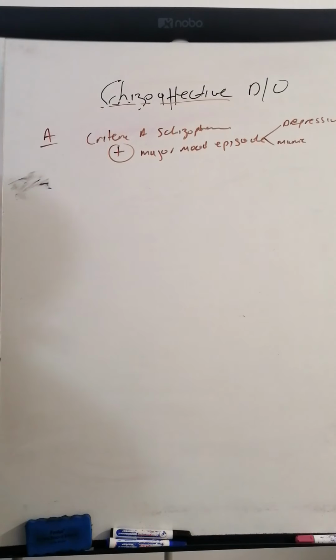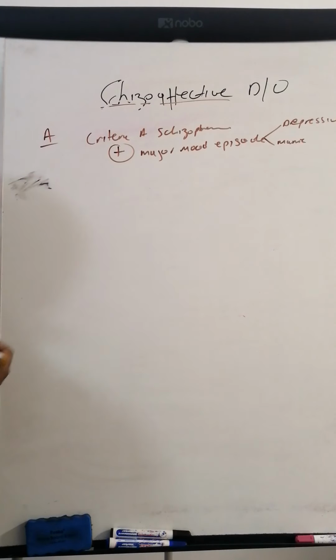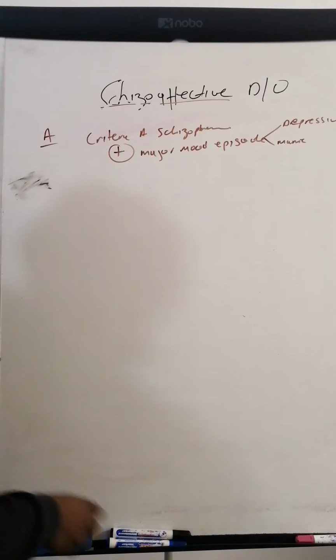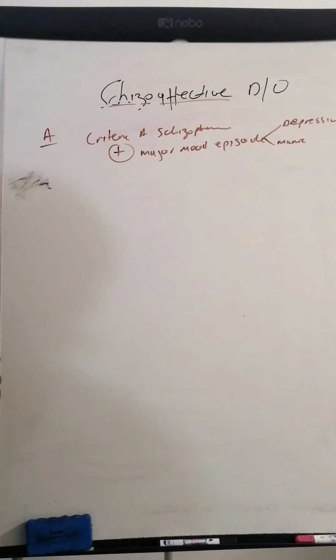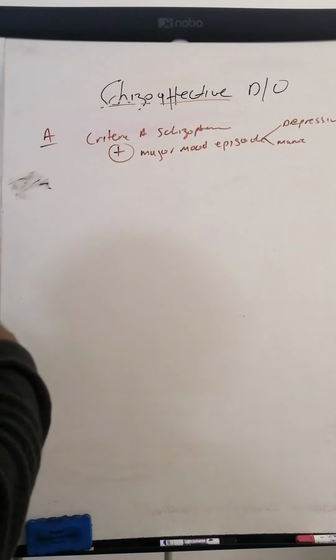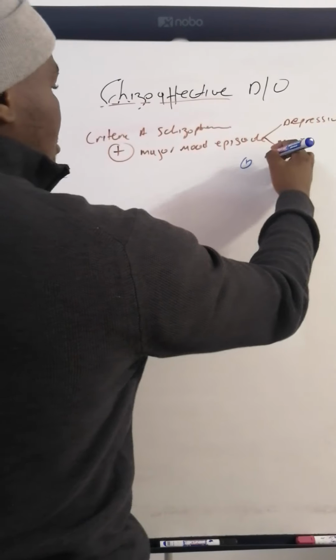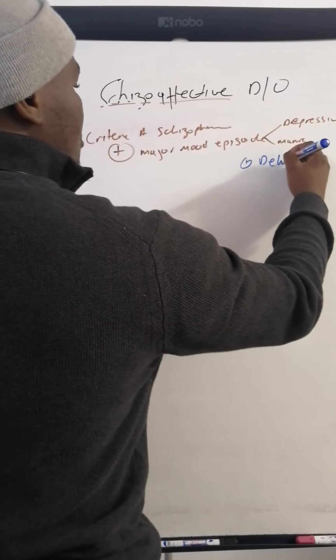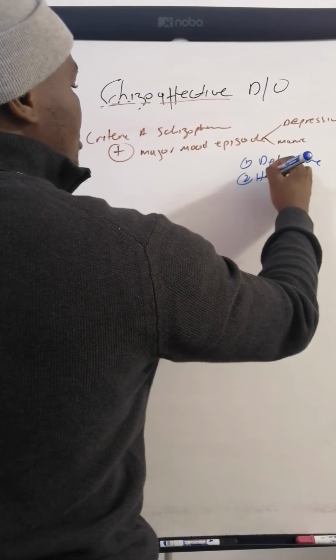Now, which means that you need to know what criteria A for schizophrenia is. Like we said, patients who have got psychotic symptoms share these symptoms. They share delusions. They have hallucinations.